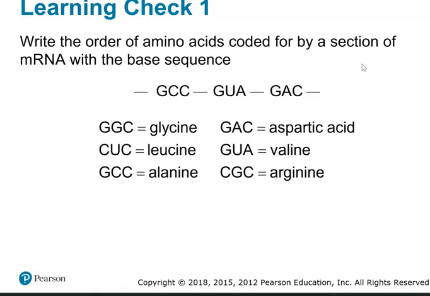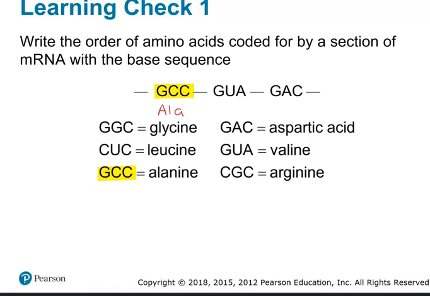So this is the exercise that I think is best suited for a 4-year-old, which means find a combination of 3 letters that matches another 3-letter combination. GCC, okay, is here. That's alanine. So the first amino acid here will be alanine.